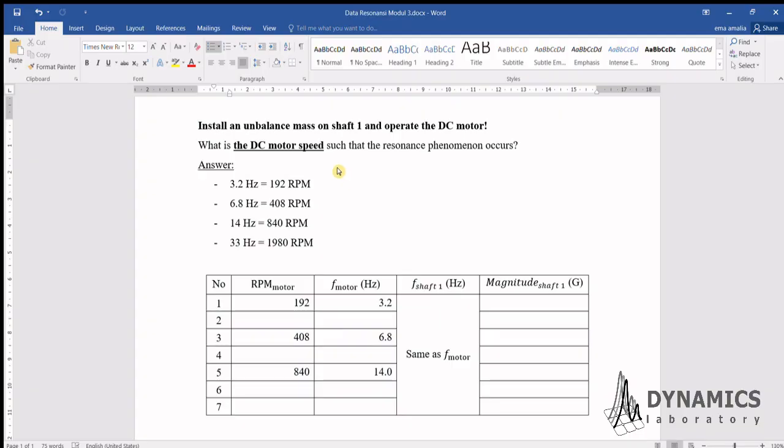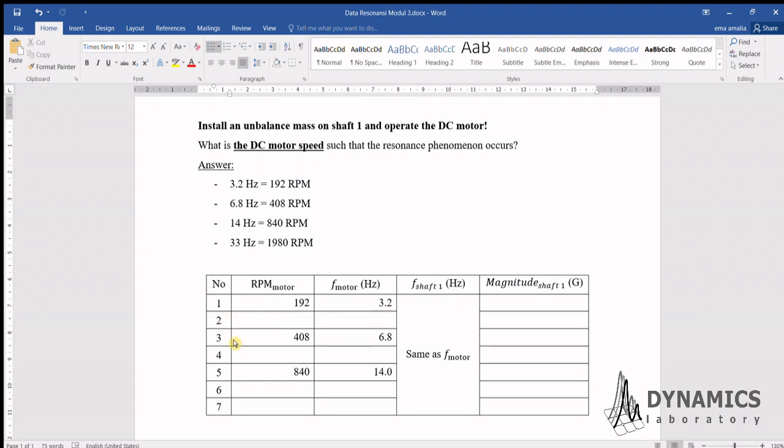Before we start the experiment, we have to predict the DC motor speed such that resonance occurs. Based on the bump test experiment, we have four natural frequencies, and all the natural frequencies are converted to RPM units. This is the table of our experiment data. For the first, third, and fifth data, we will record the vibration magnitude while resonance occurs.